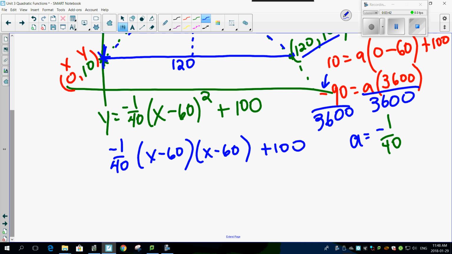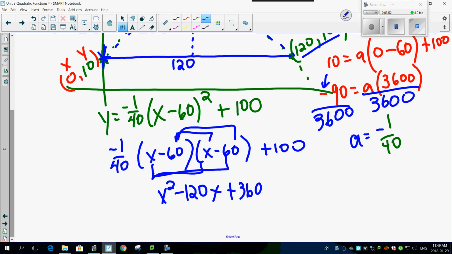There's your x squared. Minus 60 and minus 60 is minus 120x, plus 3600. That's all going to be multiplied by negative 1 over 40. And don't forget at the end, you have to add 100.